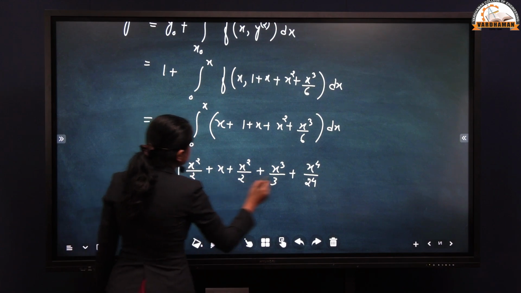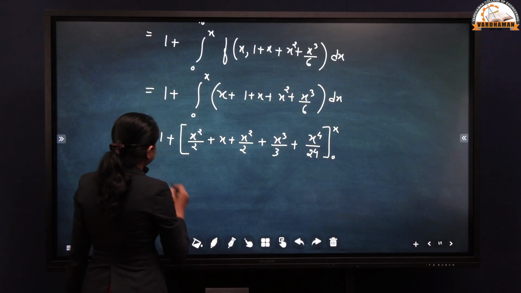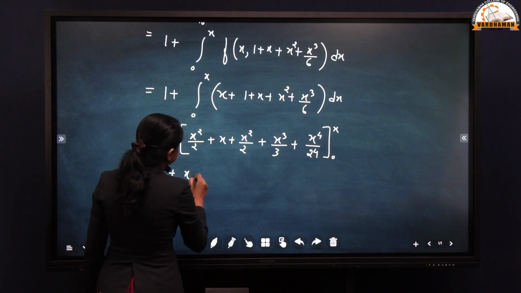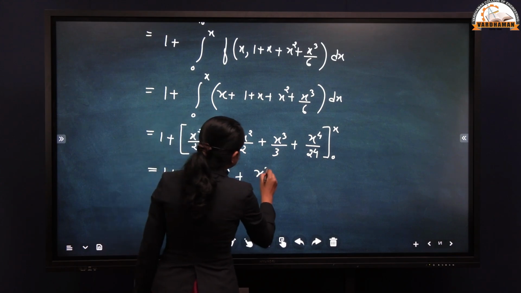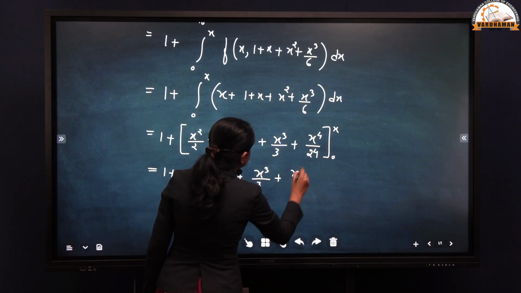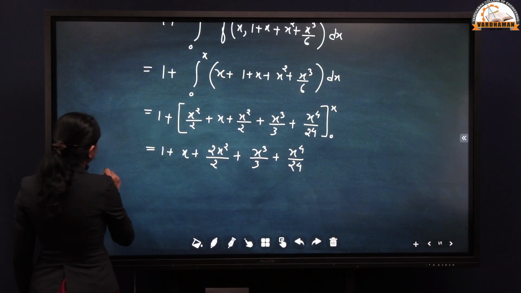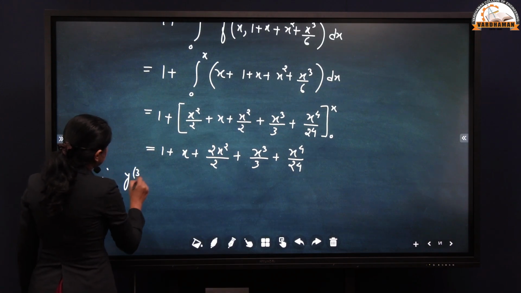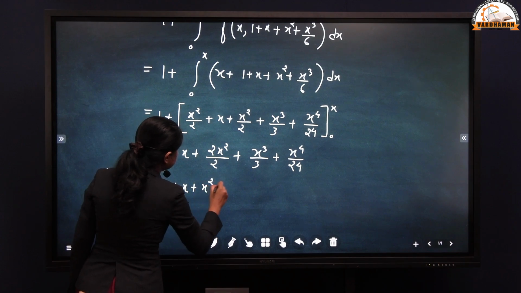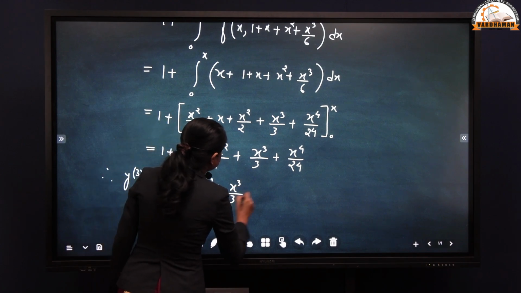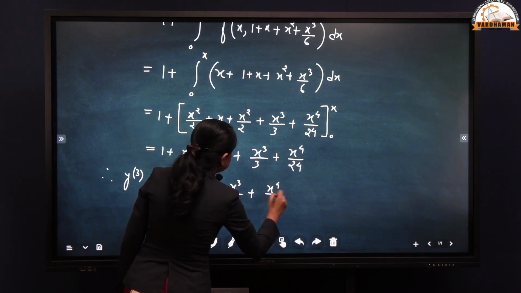And the limits are 0 to x. So we will get 1 plus x plus 2x square by 2 plus x cube by 3 plus x to the 4 by 24. Therefore, the third approximation of y is given by 1 plus x square plus x cube by 3 plus x to the 4 by 24.